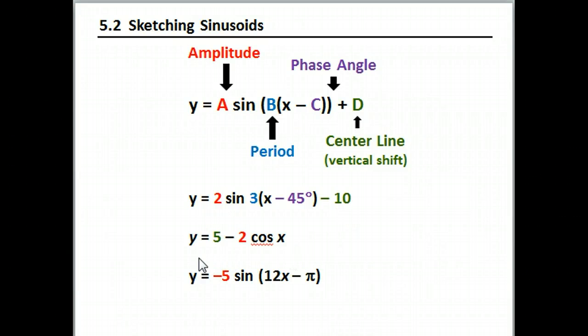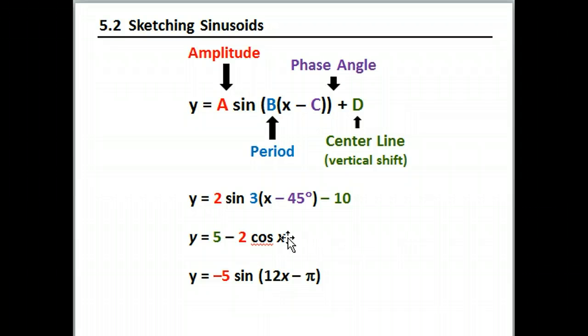If we look at the next one, here we have y equals 5 minus 2 cosine x. The 5, you'll notice, is the center line. It's shifted to the front of the graph. This is a cosine curve with an amplitude of 2. The amplitude is always positive, but this is a negative cosine curve.